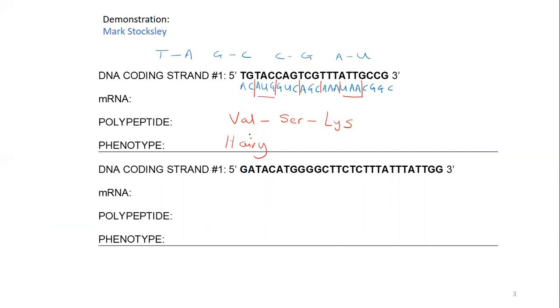So I'll show you that once more. Again, we have to transcribe this. RNA polymerase would be the enzyme doing this, and it splits the two strands of DNA apart so that it can read the DNA, reading off the coding strand.